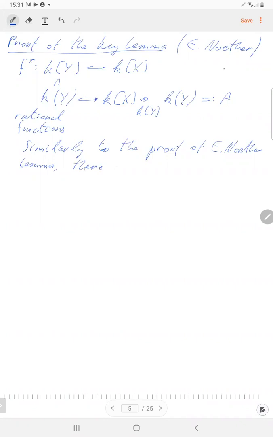There is a subalgebra K of Y over some free variables, like this. It's a polynomial algebra inside of A, such that A is a finite type.